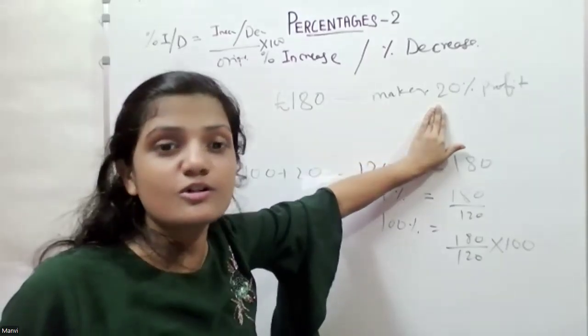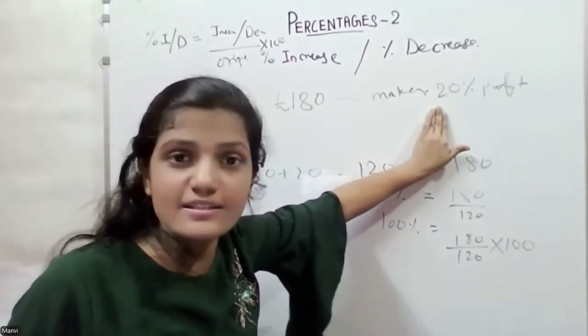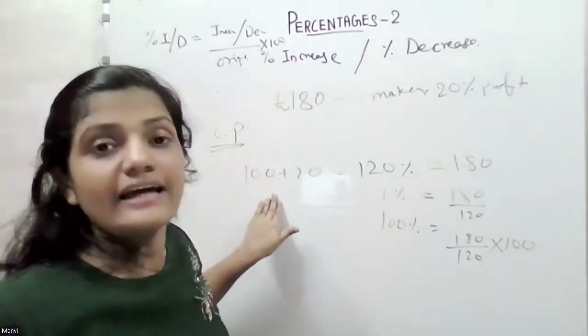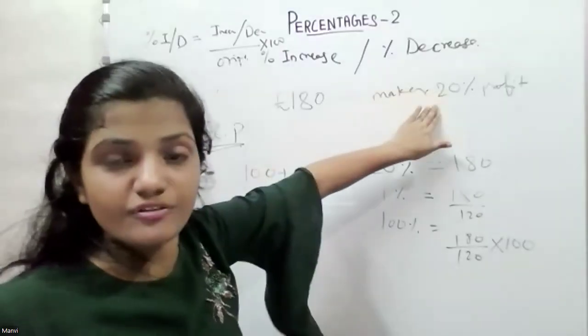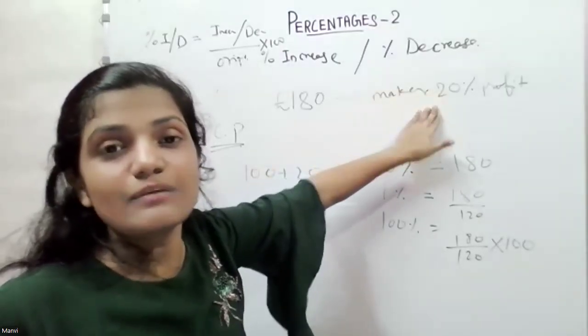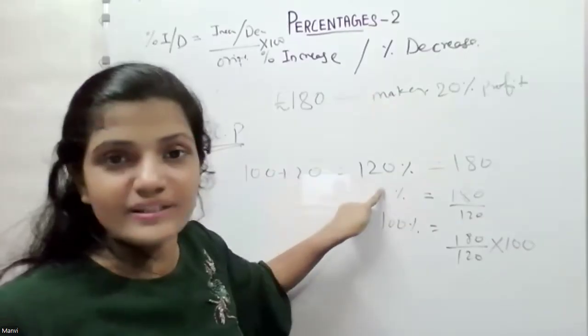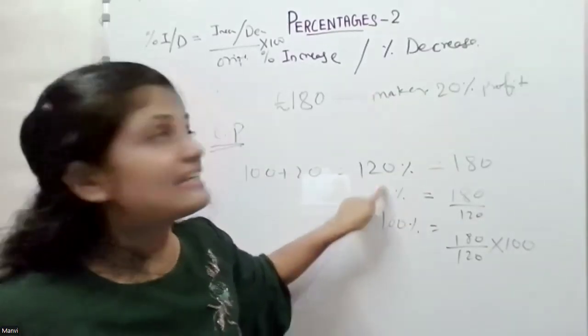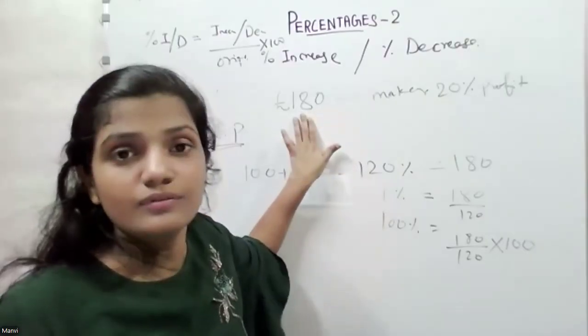So what will be the cost price? Cost price is always 100%. So if cost price is 100% and he makes 20% profit, the selling price is 120. And in the question, it is already given: the selling price is 180 pounds.